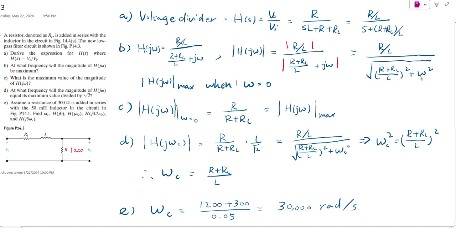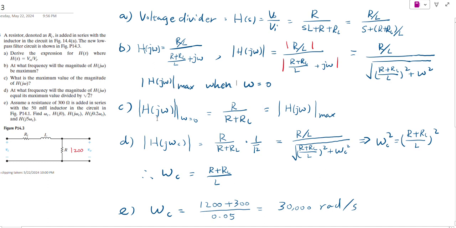We want the denominator as small as possible to make the overall thing maximum. So how to make the denominator as small as possible? These are the fixed numbers. So we want to choose omega equal to 0. So we got an overall maximum value.